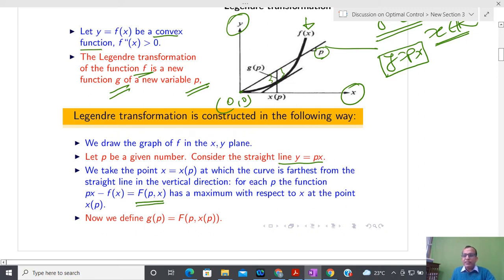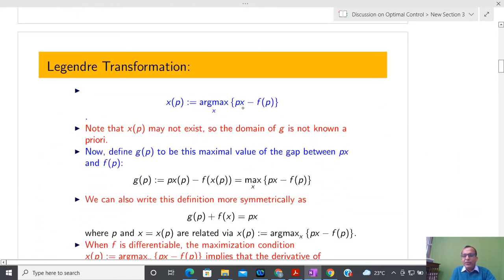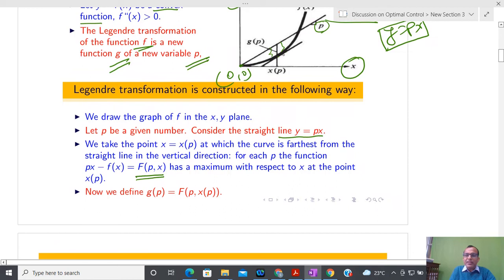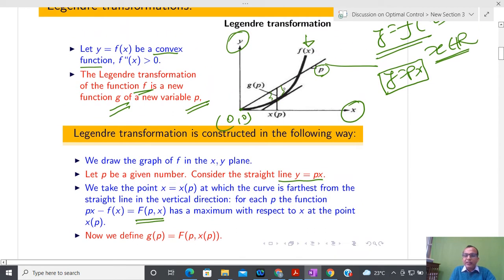If you see the mathematical expression, then you can clearly understand. Here you can see that first I have drawn one linear line whose equation is px, and after that I have to check the distance between these two things, suppose somewhere I have some curve f(x).